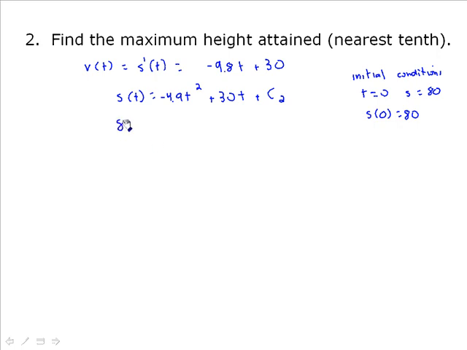So that gives us enough. 80 is equal to negative 4.9 t squared plus 30, oops, this is 0 squared, that'll make life easier, 30 times 0 plus c2. And then our c2 is going to be equal to 80.